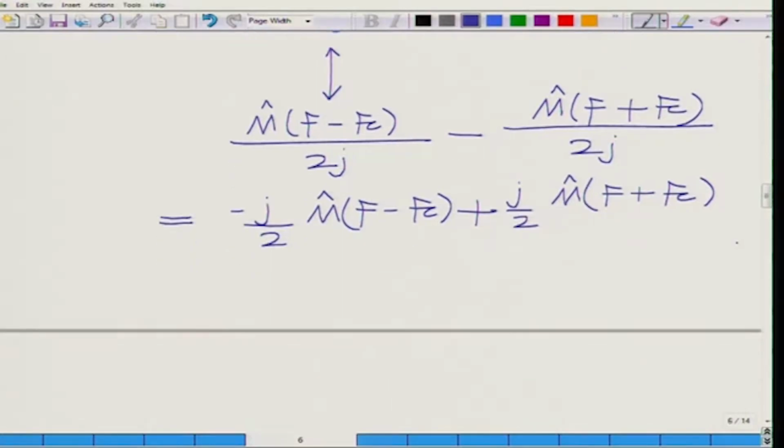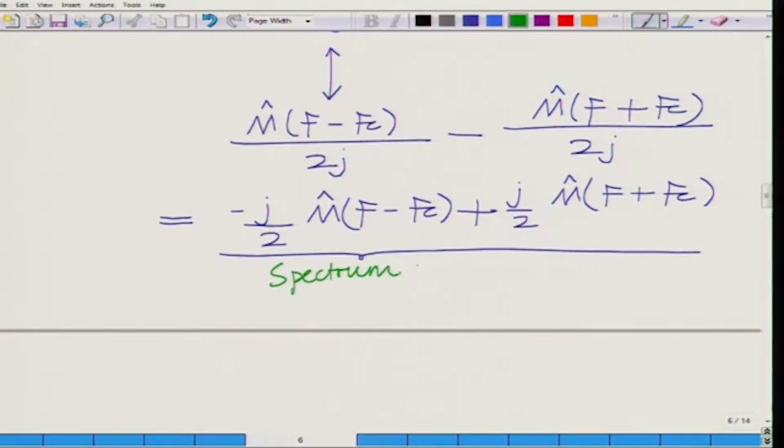And what is this? This you can see is the spectrum of m hat of t sin 2 pi f c t.